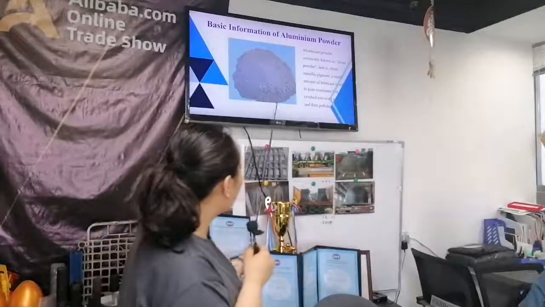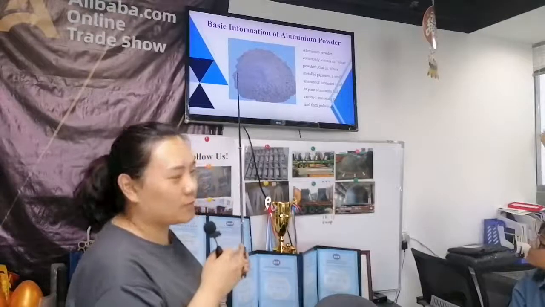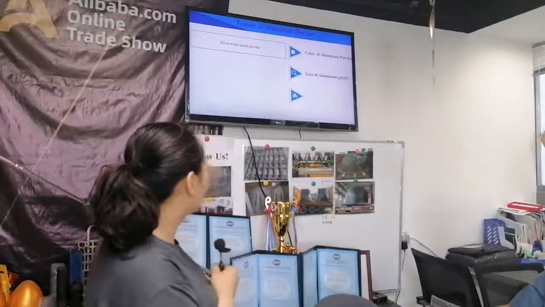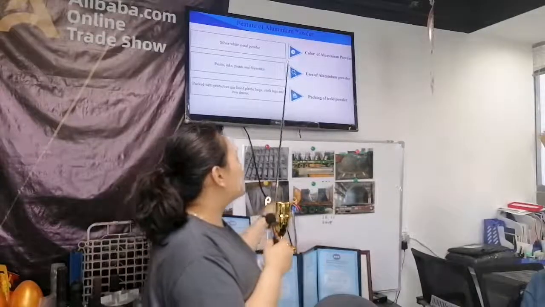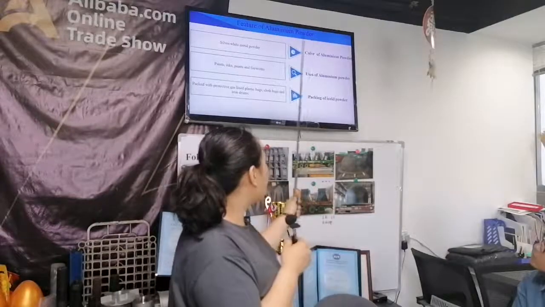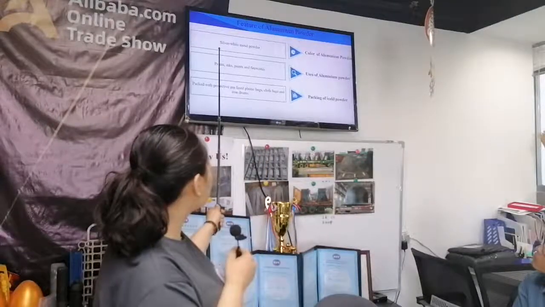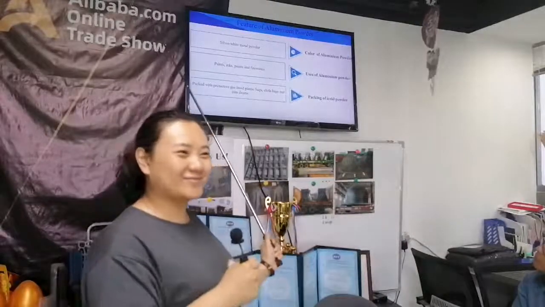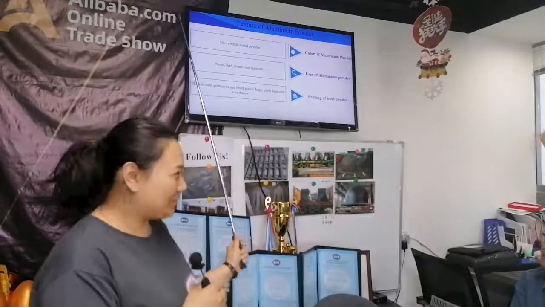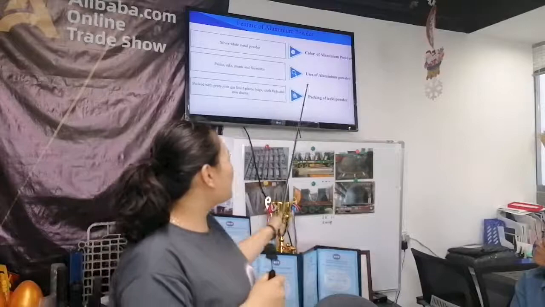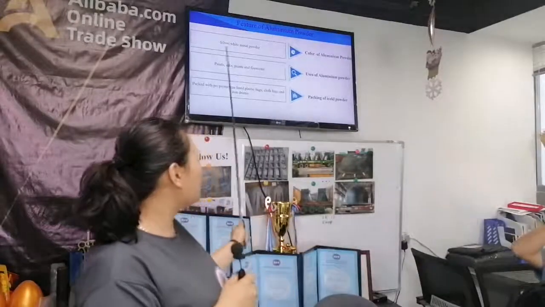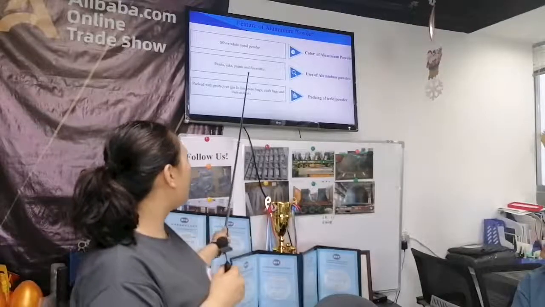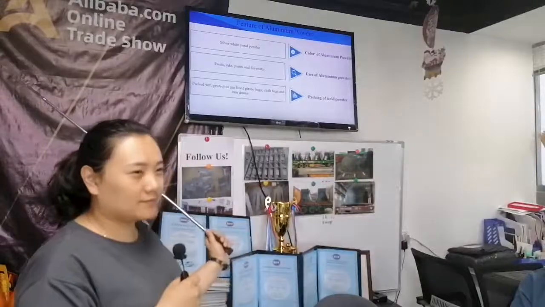The powder is so small. The color of aluminum powder is silver white powder. And the use of the aluminum powder in next parts.